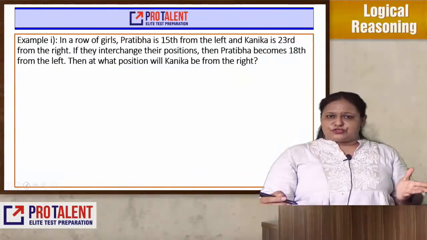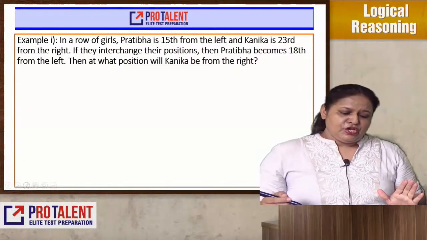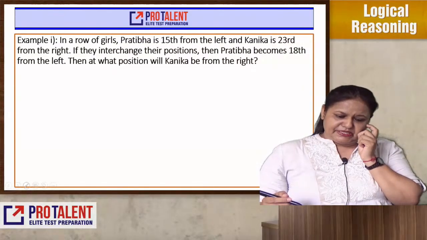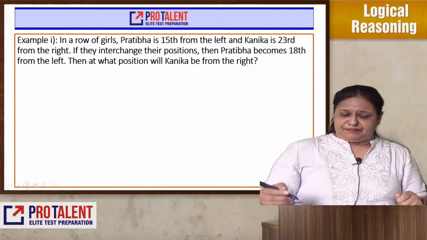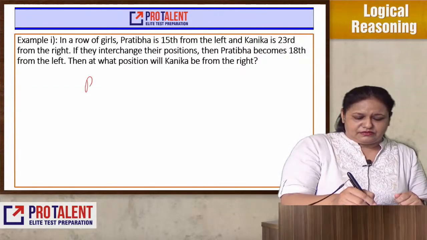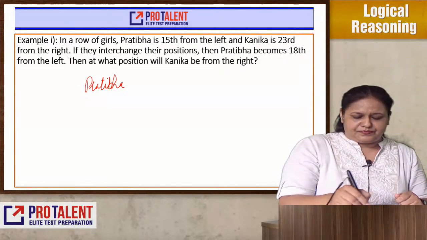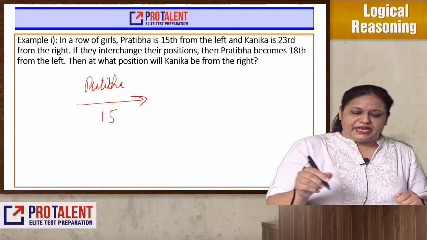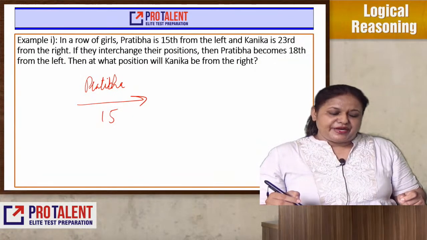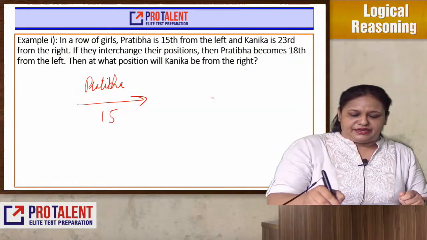Okay, let's do this question. In a row of girls, Pratibha is 15th from the left, and Kanika is 23rd from the right.